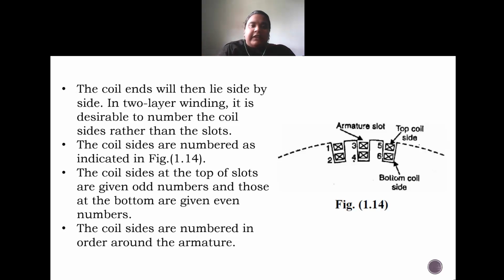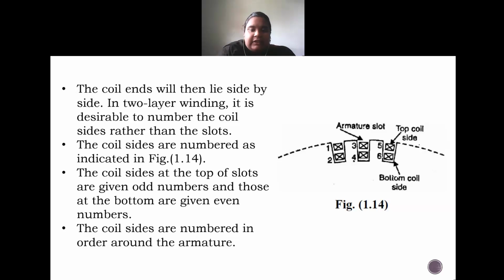But for a two layer winding, whether the slots are numbered or not is a secondary question, but the coil sides have to be numbered such that we can locate where the other pair is. The coil sides are numbered as indicated in figure 1.14. That's how the sides are numbered.